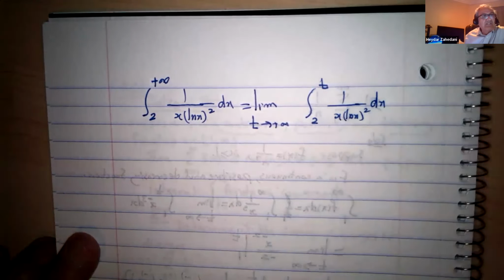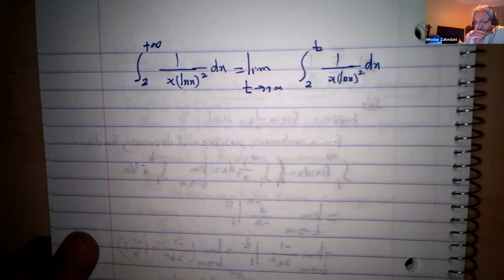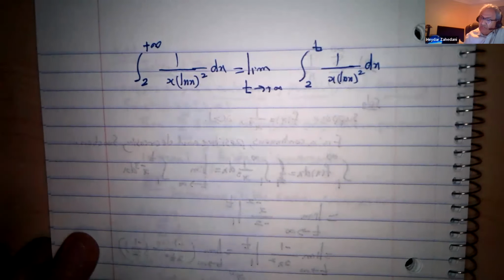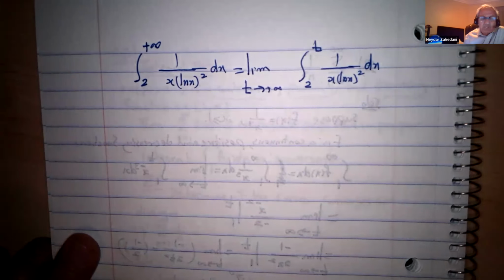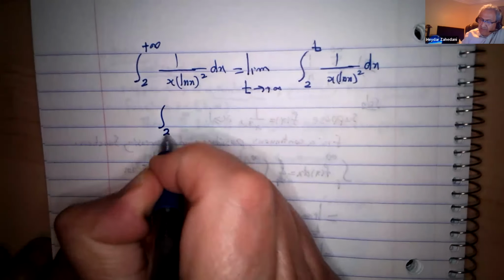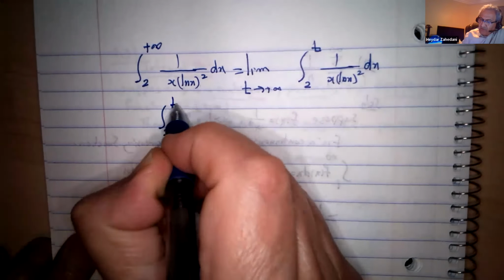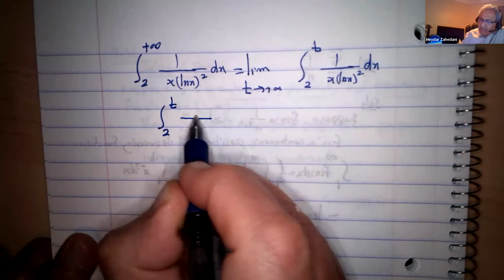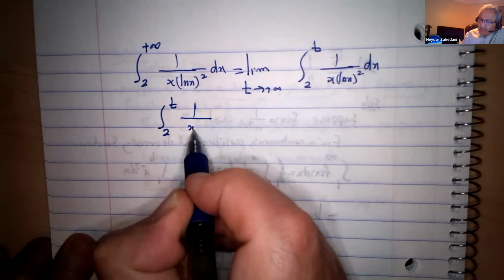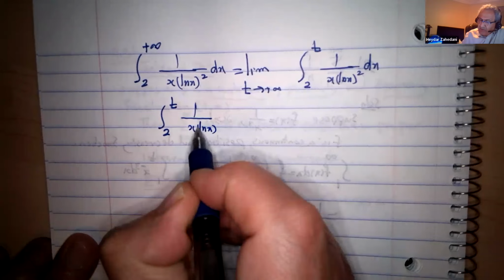You have to find this integral. You can do it by u substitution. Remember we did it before, u equal to ln x, or you can use the shortcut. So decide what you want to do. You have to take care of the integral, and then go back and argue.